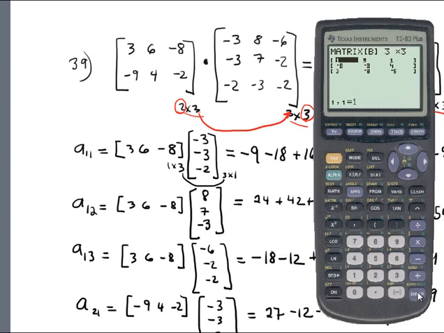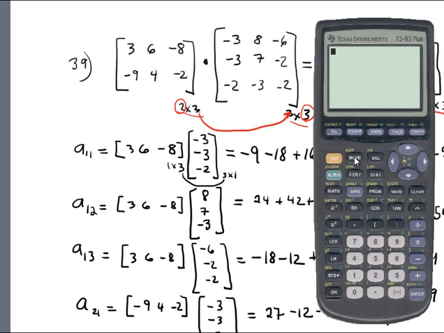B is 3 by 3, and the entries are negative 3, 8, negative 6, negative 3, 7, negative 2, negative 2, negative 3, and negative 2.